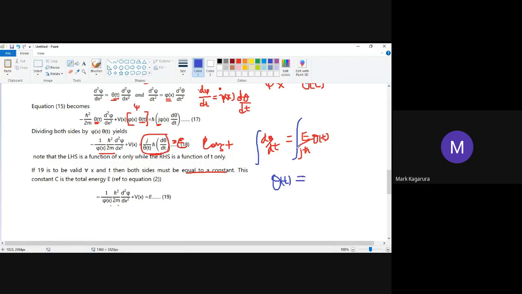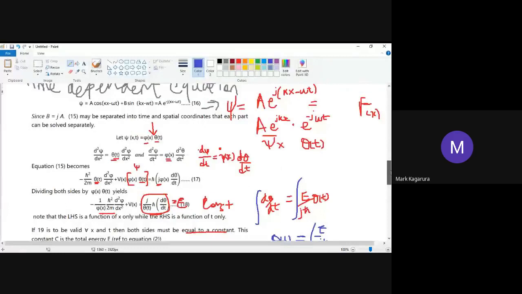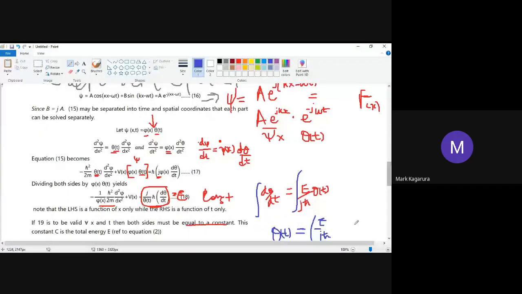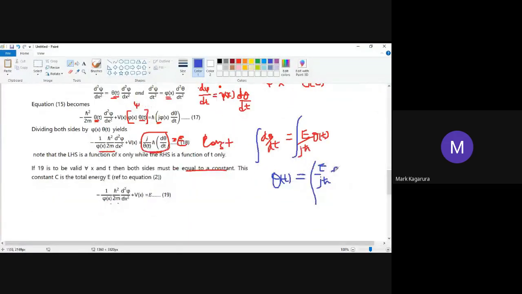so the integral of this function here, you put back your theta t is simply this function here, e to the j omega t.